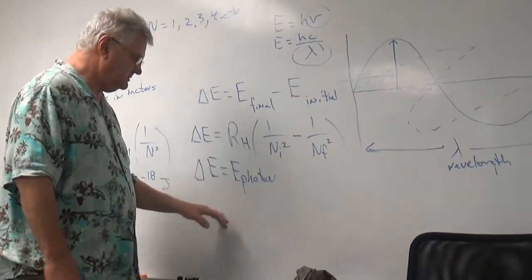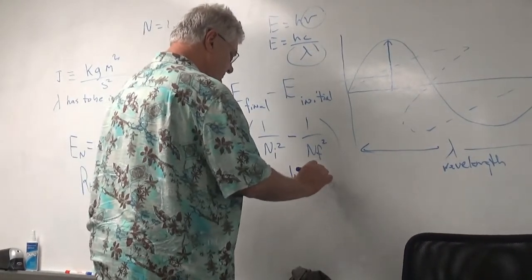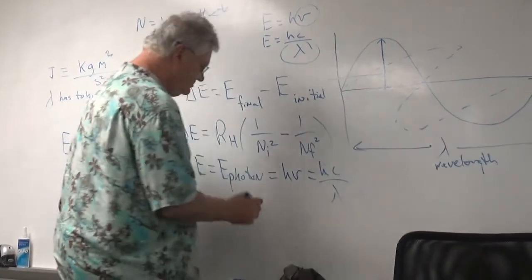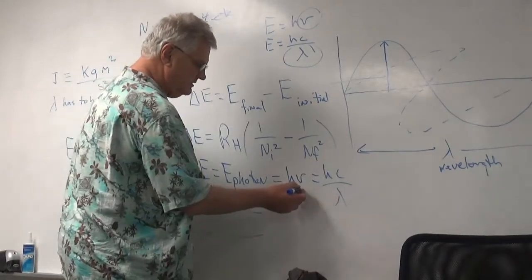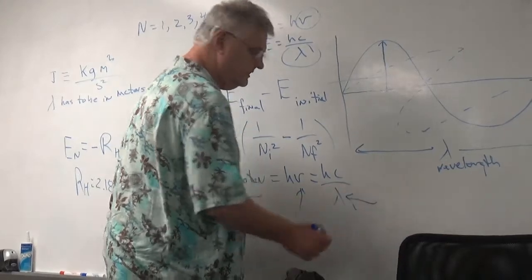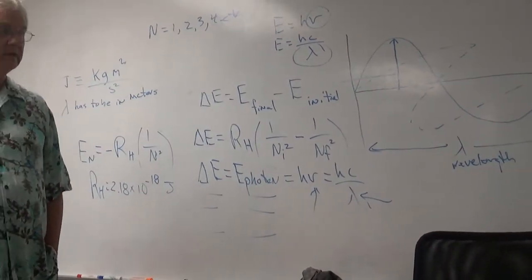And once you know the energy of the photon, we already mentioned it, Planck's constant times the frequency, or Planck's constant times the speed of light over the wavelength. Once you know this, you can calculate the frequency of that wave or the wavelength of that wave. Once you know its energy, okay?